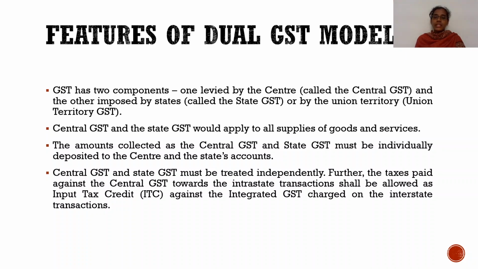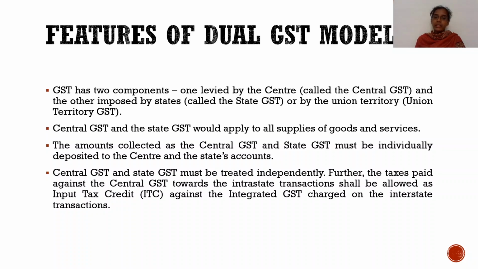It is UTGST, that is Union Territory Goods and Service Tax, that would be charged. Central Goods and Service Tax and the State GST would apply to all supplies of goods and services. So CGST and SGST are applicable for the supply of goods and also for the supply of services.